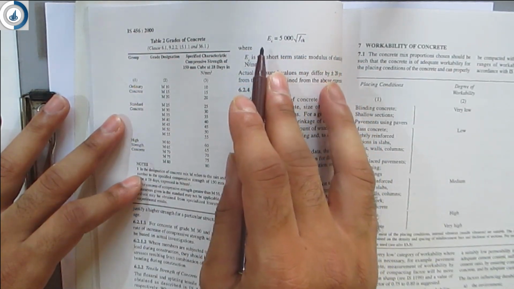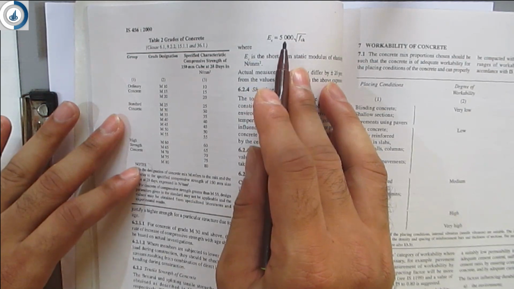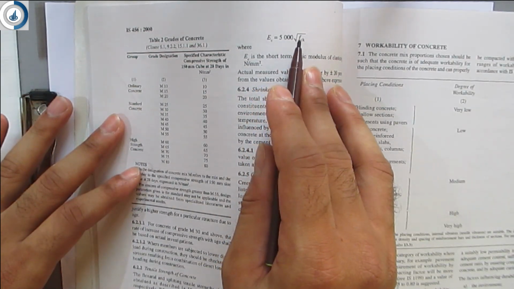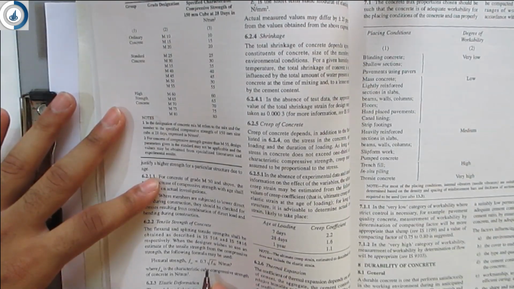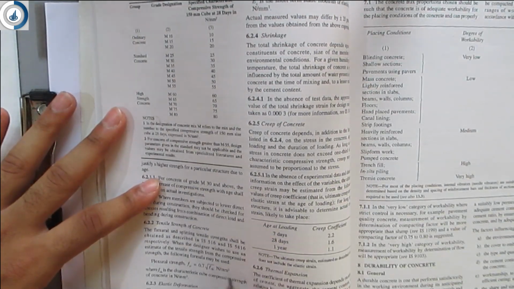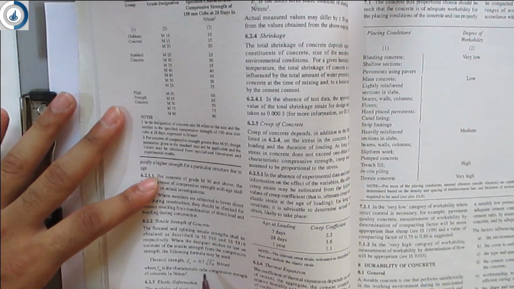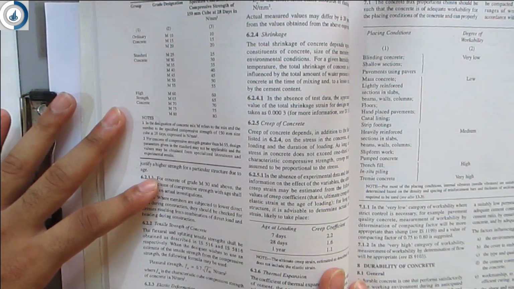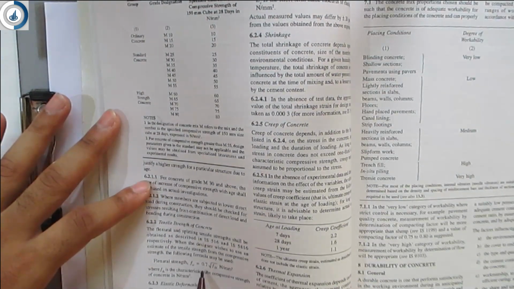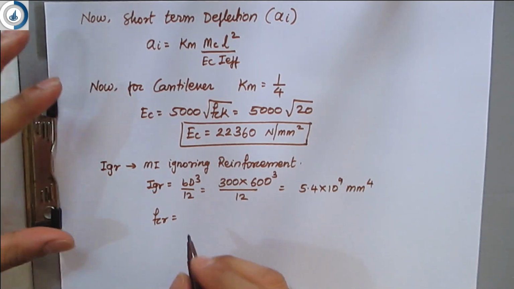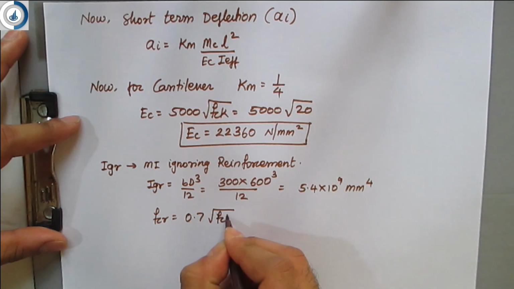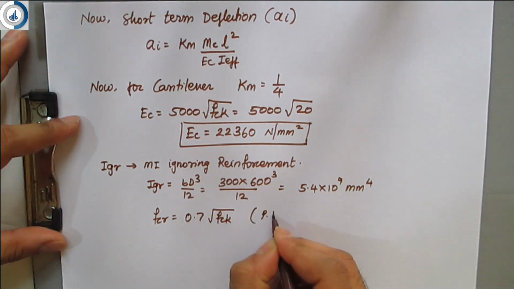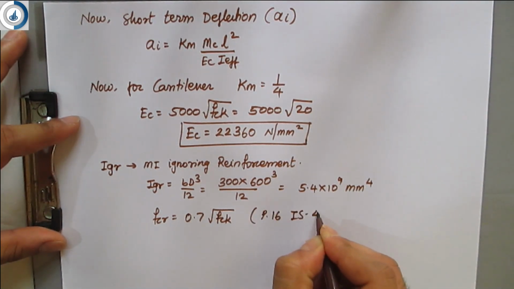If you forgot this formula, it is again available on page number 16, and this flexural strength fcr is also there on page number 16 of IS 456 2000. So from here you can take the formulas and calculate. Here it is 0.7 root of fck, which is there on page 16 of IS 456.